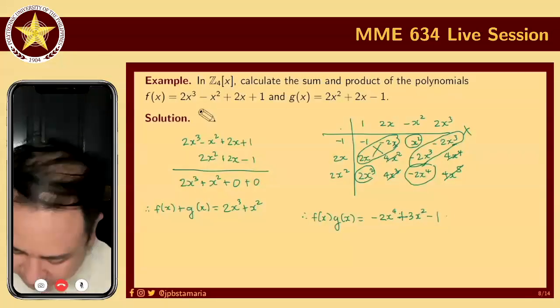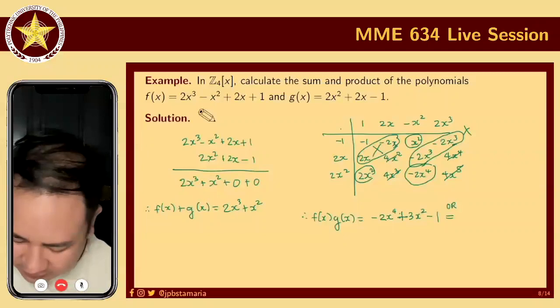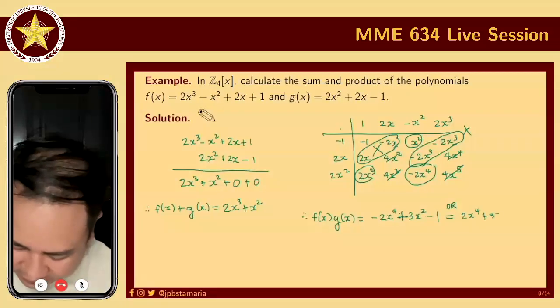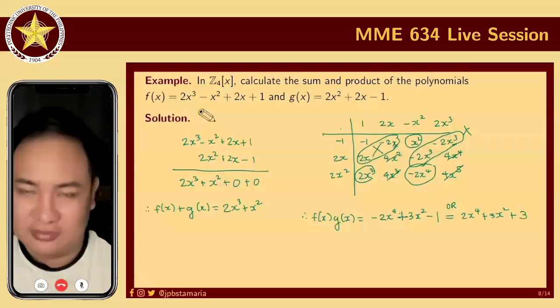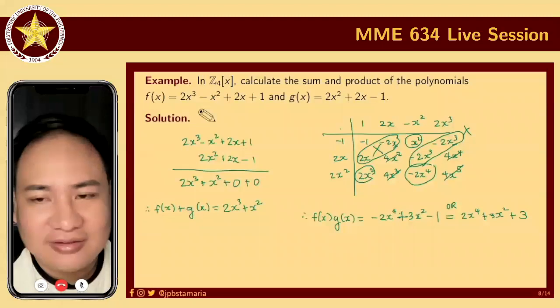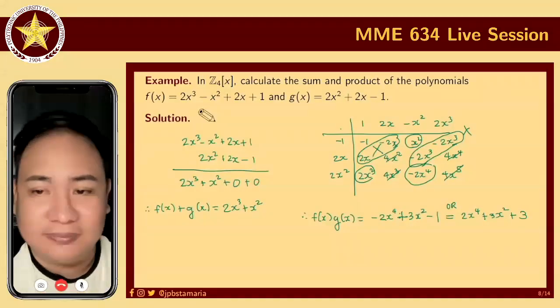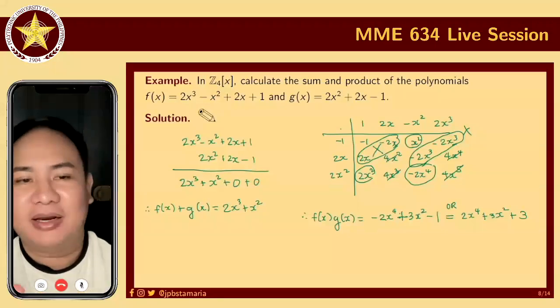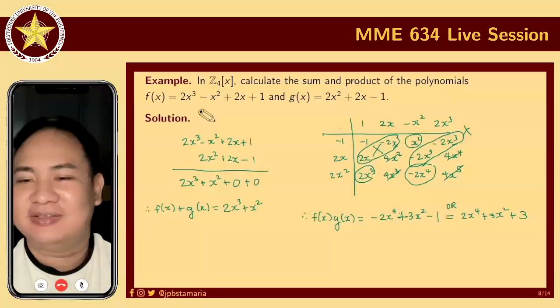Or, alternatively, you can write 2x to the 4th plus 3x squared plus 3. That's the same. Ulit, bakit? Kasi ang negative 2 sa Z sub 4 ay 2. Sometimes we tend to remove the negative sign para pare-parehas tayo ng sagot. No?